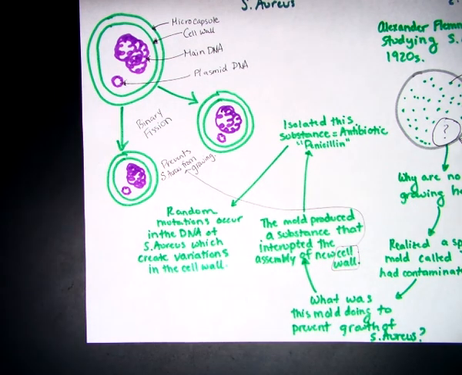So some members of the population, their cell walls actually look a little bit different than the cell walls of other members of the population.